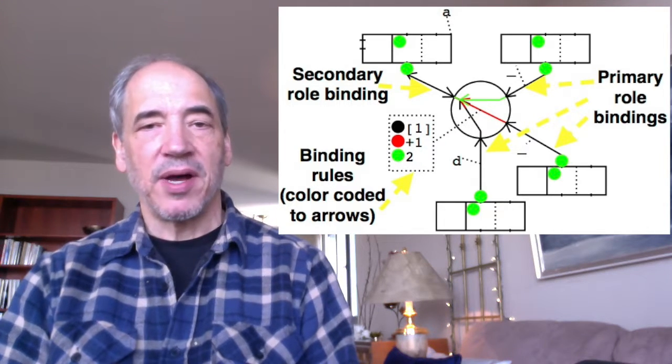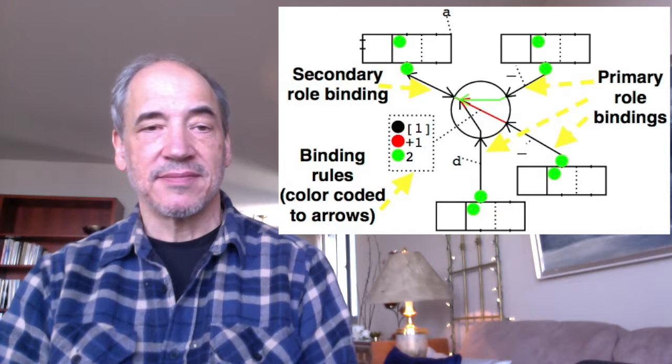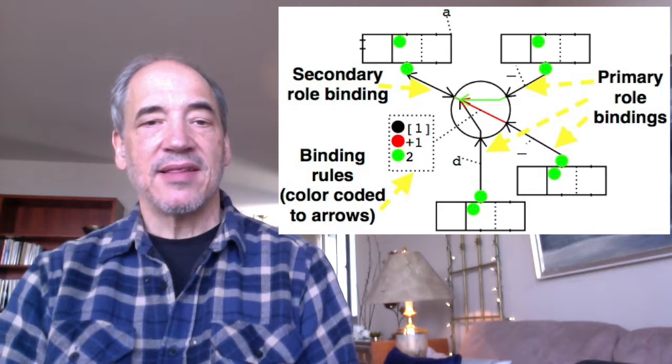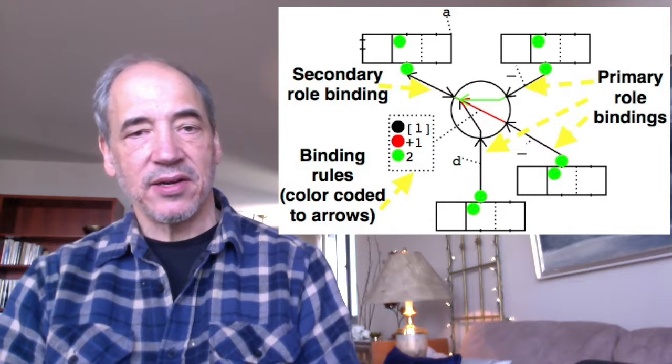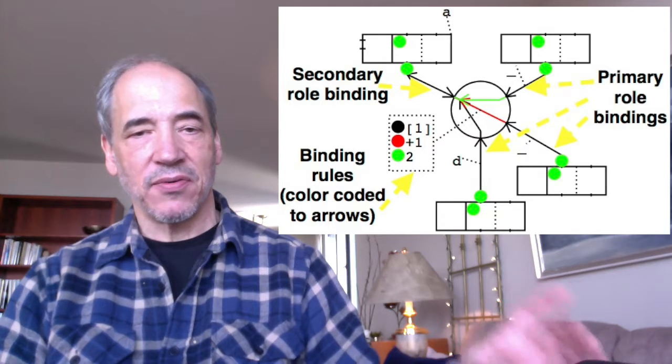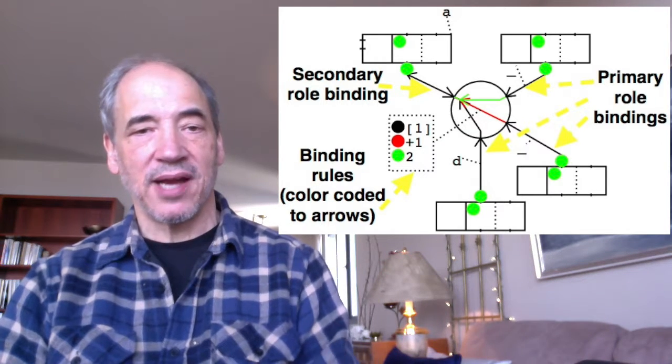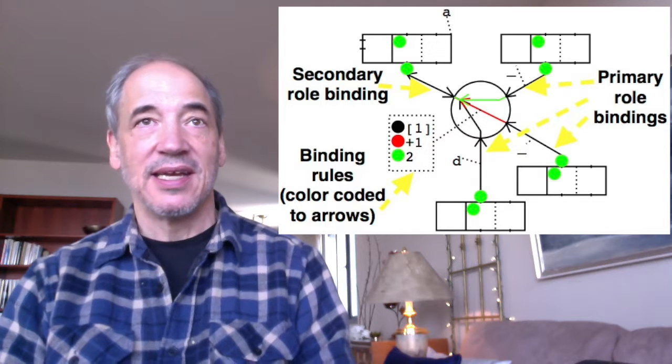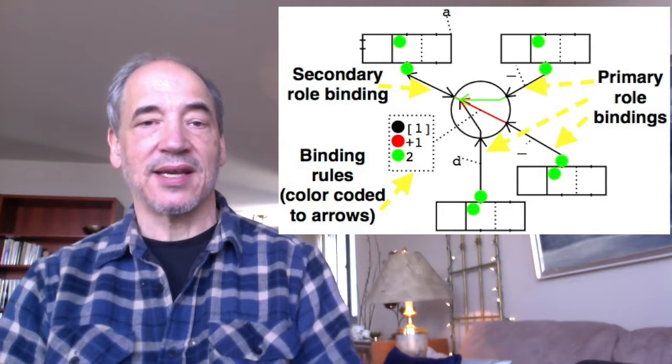But the primary role bindings may be empty role bindings. So we'll get to that. So the plan in the context, when it looks at that secondary role, it sees the secondary role. It doesn't necessarily see the array resource on the other end. So if we're just binding to one element of the resource, it's going to see a scalar secondary role.